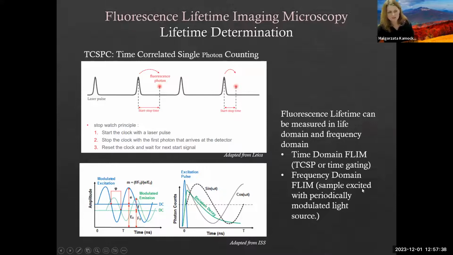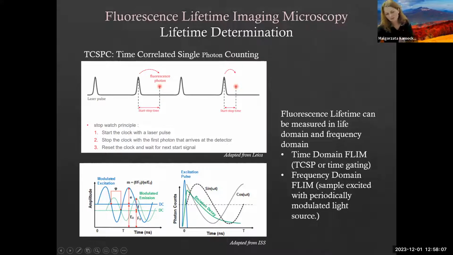So that is the time domain technique, and then there is a frequency domain technique, which applies a modulated source of light, and the emission is modulated as well. And instead of using time gating to look at time of arrival, we are looking at the phase shift and modulation of amplitude between excitation and emission.